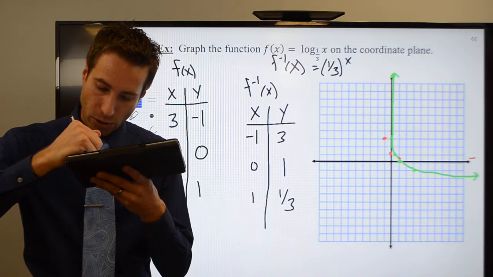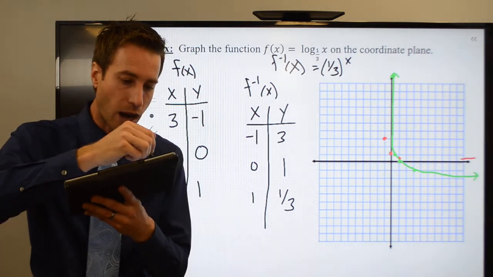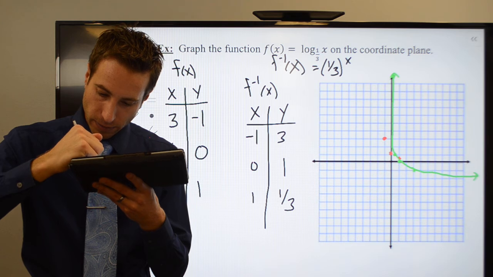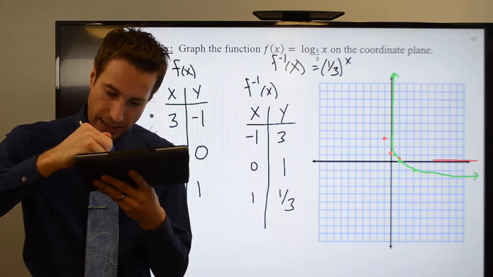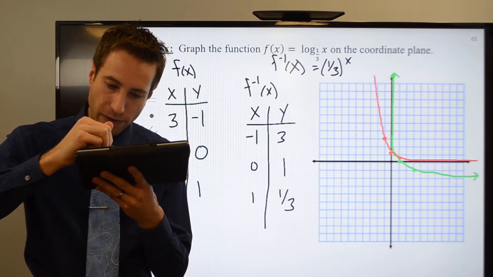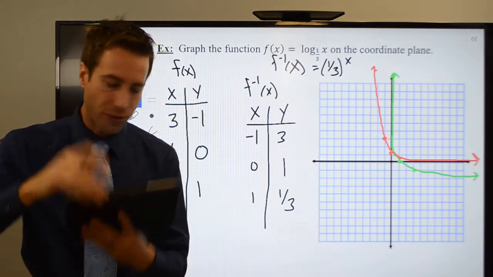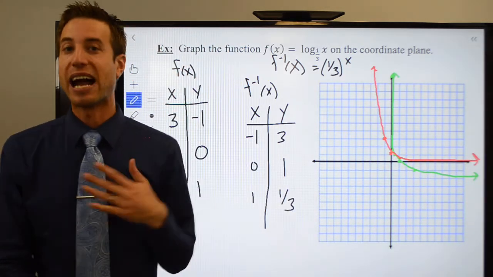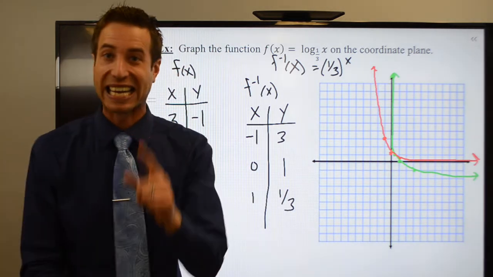It's the line that you approach but never cross. Go ahead and connect my exponential function coordinate points with a smooth curve. Put an arrow on both ends, extend the line all the way through the coordinate plane, as I've done, so that I know you know that guy just keeps going, and here we go.